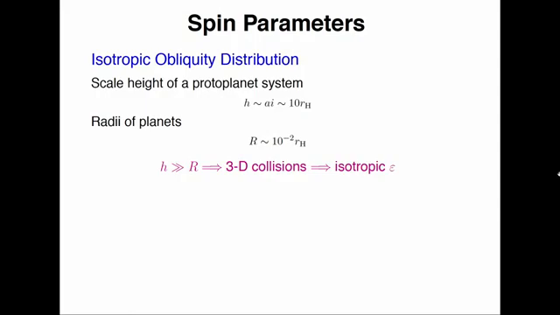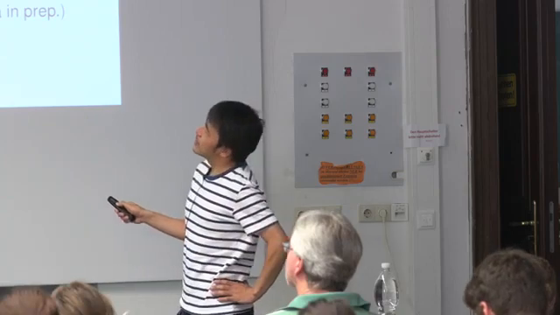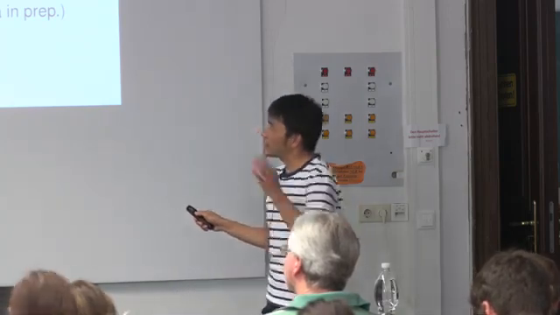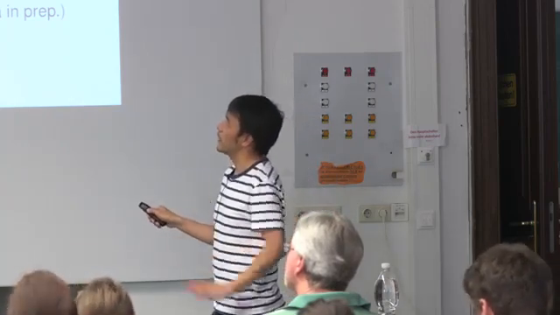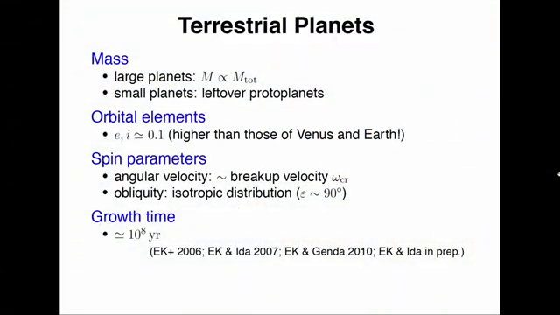Here I summarize the properties of terrestrial planets formed by giant impacts. About the mass, we derived the scaling law for large planets like Venus and Earth: they are proportional to the total mass of embryos.